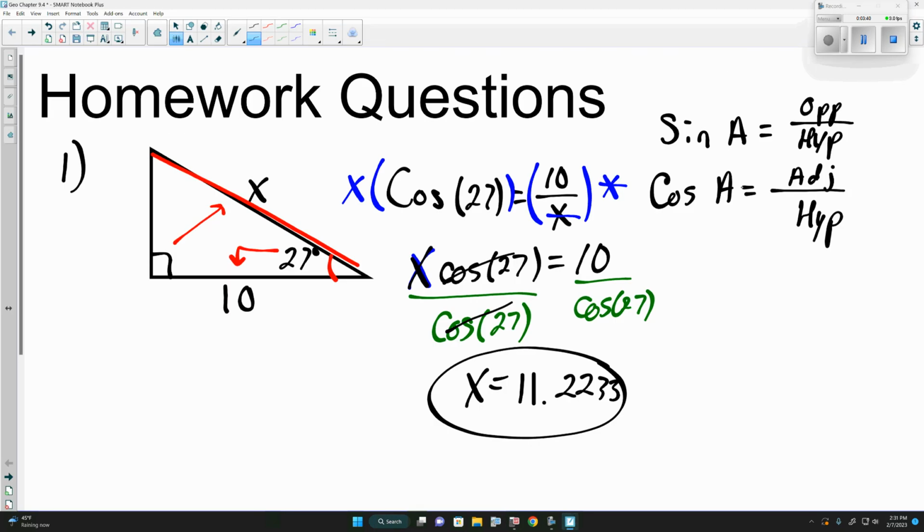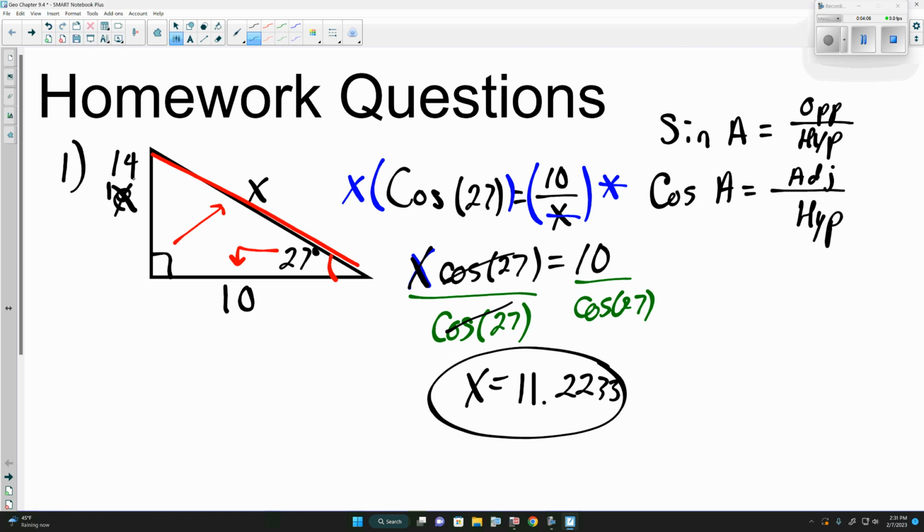It's going to depend on how it's set up, because if we were given, say, the opposite side, if we were given this value here, say it's 14, it's not, but then sine would be 14 over x. Or if they gave us the hypotenuse as a number and the side as a variable, then it'd be the other way. Does that make sense? So what we use is mainly based off of how it's set up.